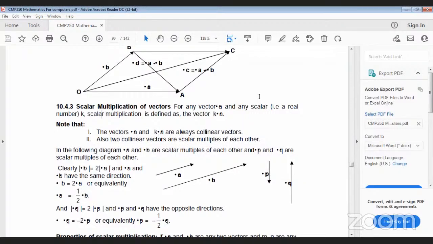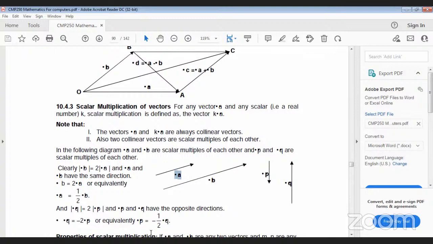The vectors A and kA are always collinear. So you have to note this point: vectors A and kA are always collinear. Also, two collinear vectors are scalar multiples of each other. In the following diagram, A and B both are parallel, we can see, and B is what?